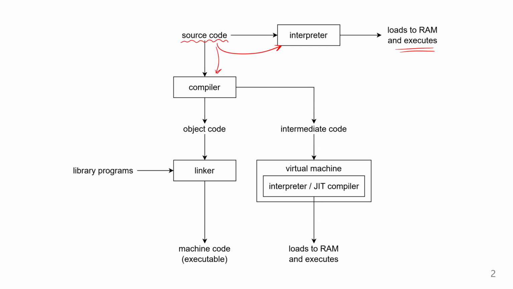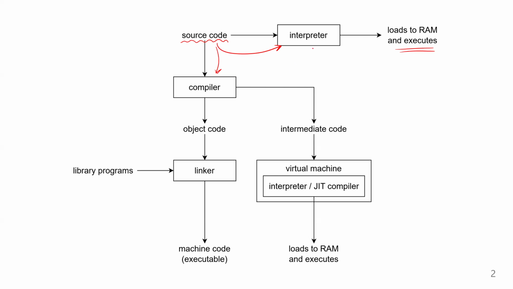But source code that takes the compiled route would convert into an executable or an intermediate form, which can then be executed later on. So as a result, source code that uses a compiler would produce an executable file or some form of intermediate code that can be run later, whereas an interpreted form of source code needs to execute then and there.